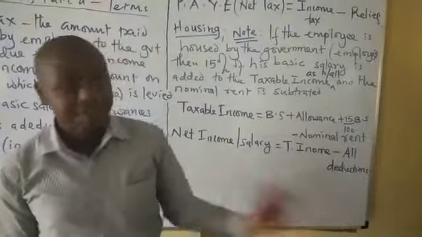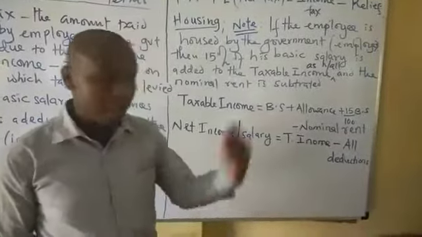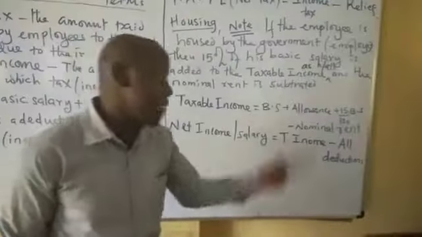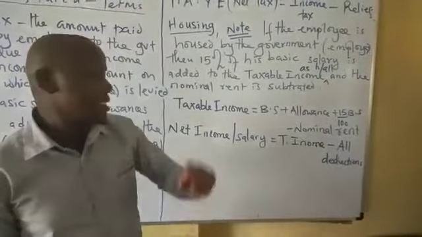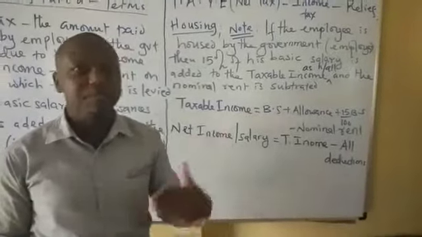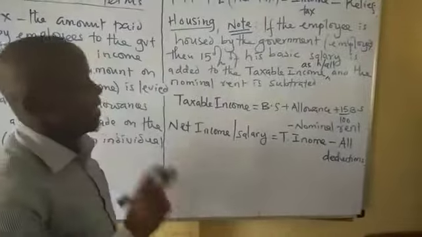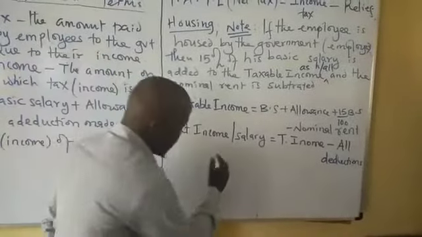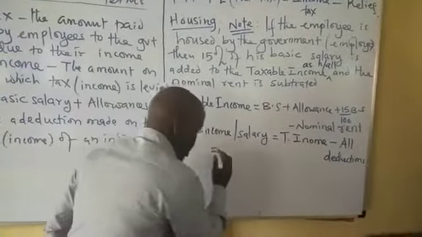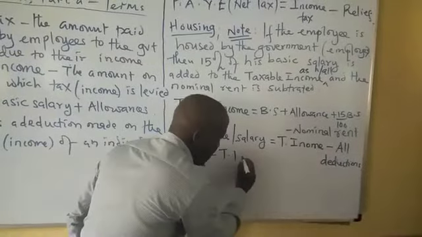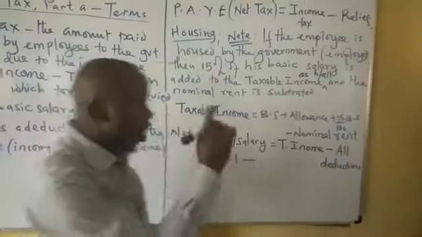Like, for example, servicing a loan or paying premiums to an insurance company and other several payments which might be made at the end of the month. And therefore, we are saying the net salary of an individual is gotten by taxable income minus all deductions.